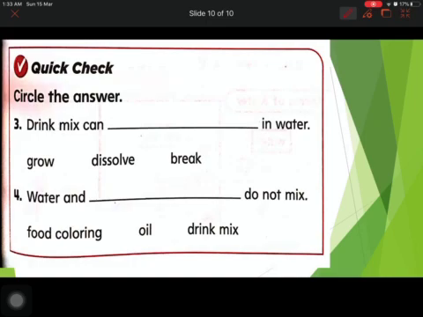What do you think? It dissolves in water. That's right. Please do number 4 on your own at home.